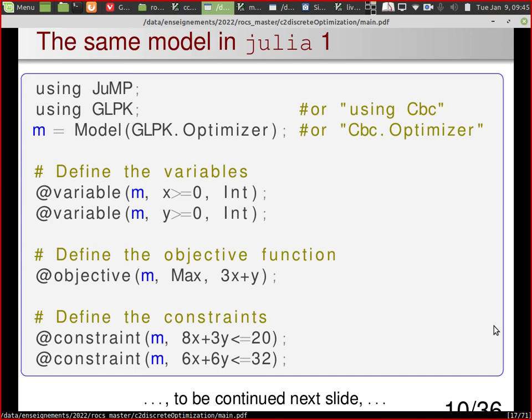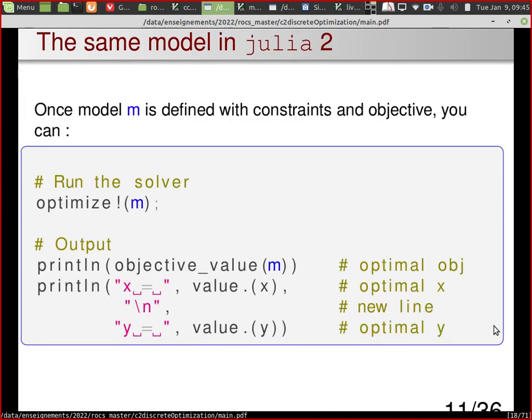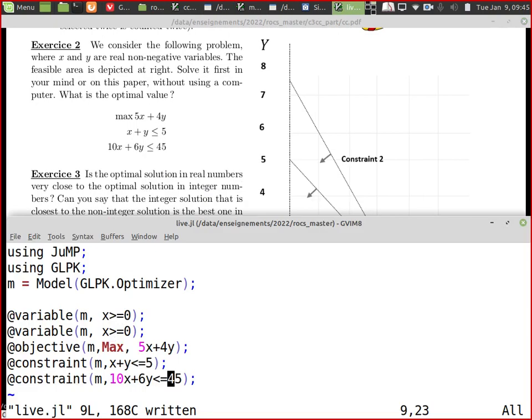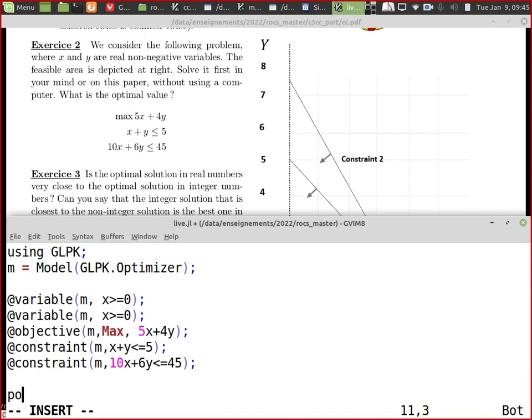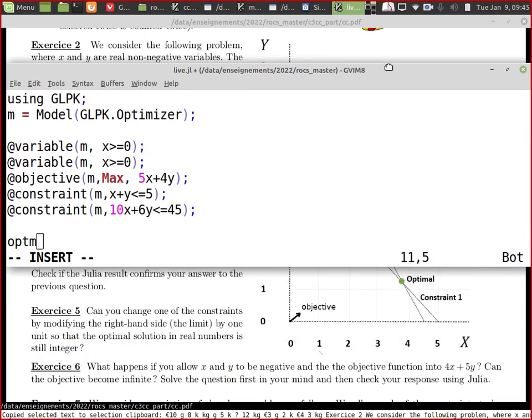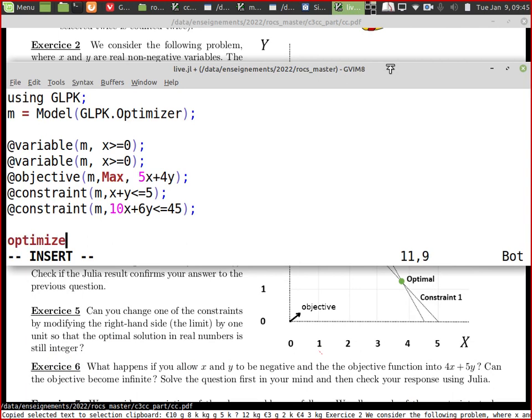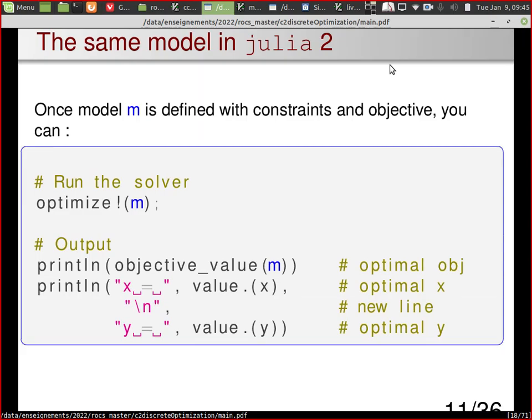I am all yours. So we have this. Then I have the model to optimize it. Optimize, so I can do it like this. optimize! M. Okay.